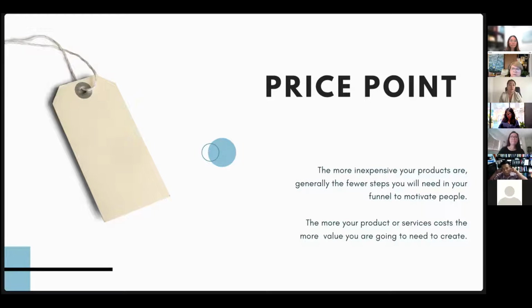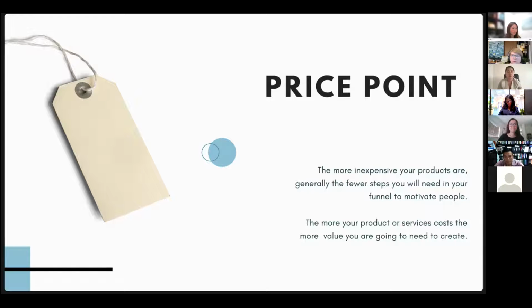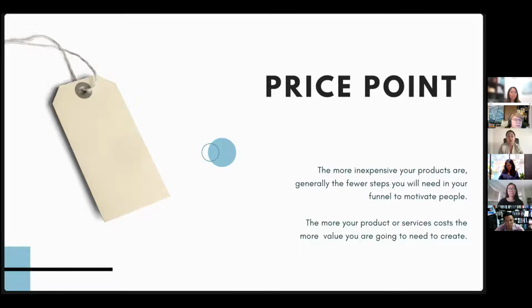Your price point, because it's lower, offers less of a financial commitment from your buyers, so it doesn't take as much value or education. Whereas something that is higher in value and cost is going to take a lot more education behind it. And that's not to say that it won't close. It just means that you need to take this into account and work this into your sales funnel.